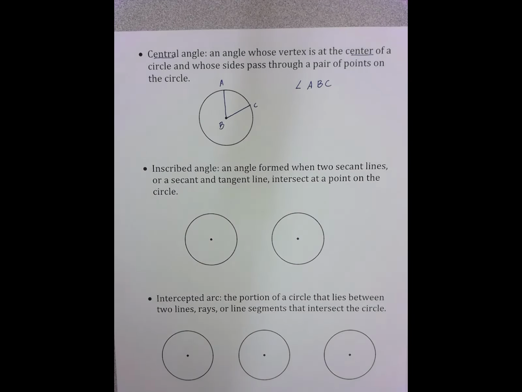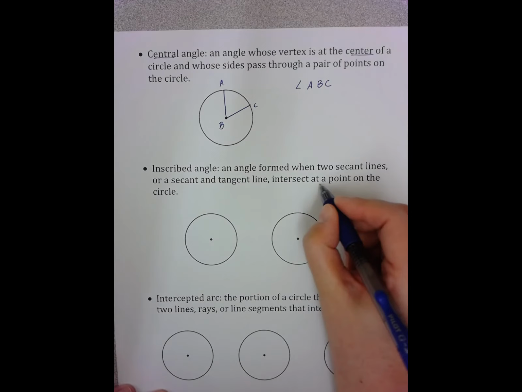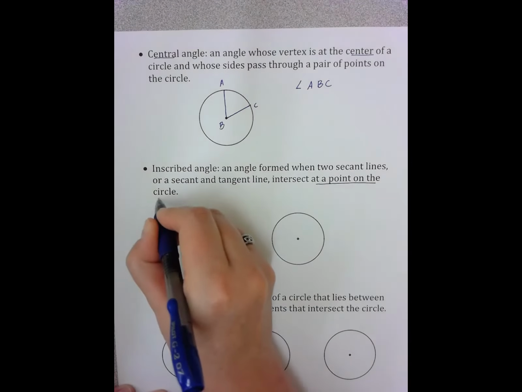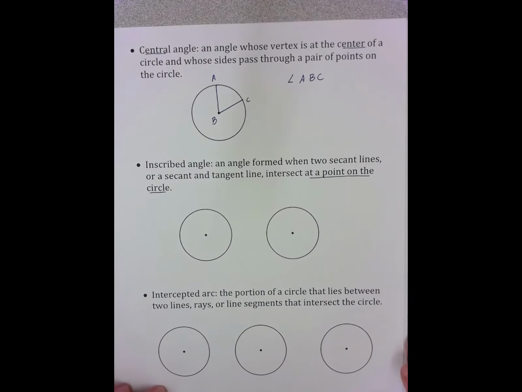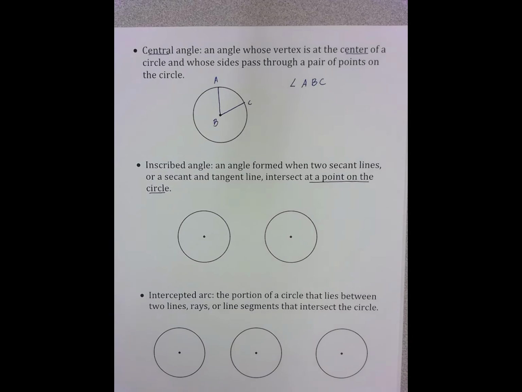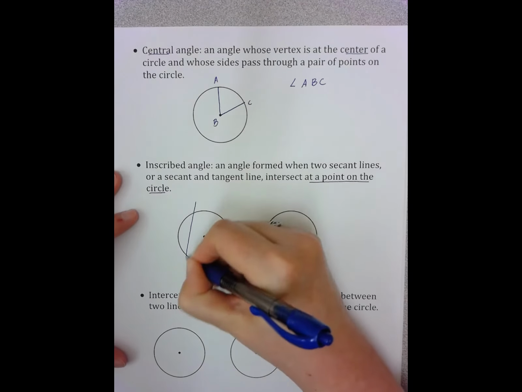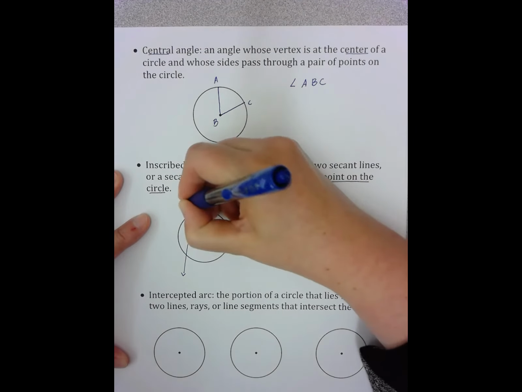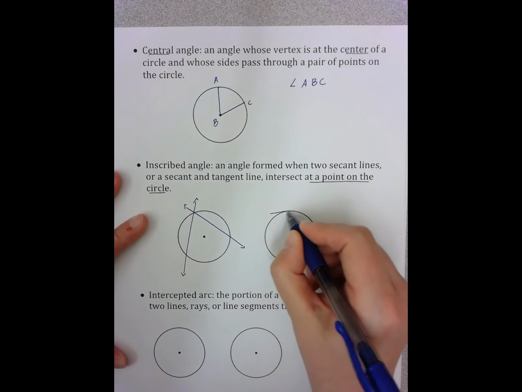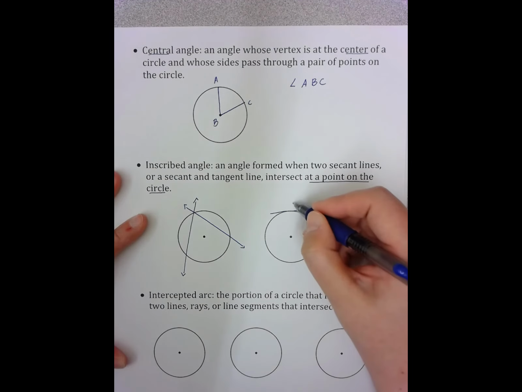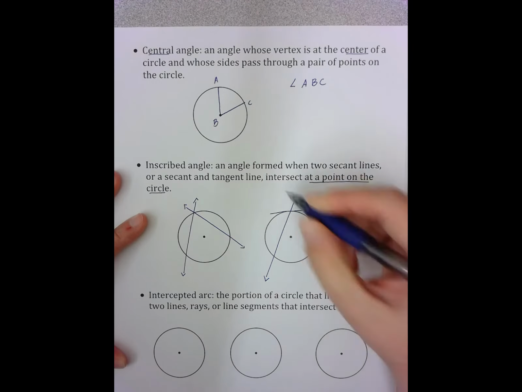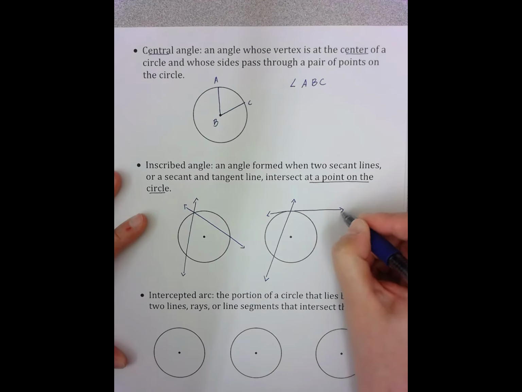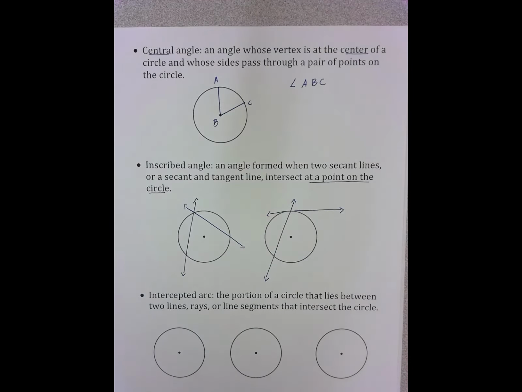An inscribed angle, instead of being at the center, is at a point on the circle. There are many different ways to draw an inscribed angle. We could do it with two secant lines. We can do it with a tangent and a secant. We could do it with two line segments, two chords.